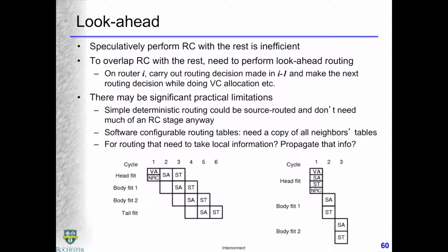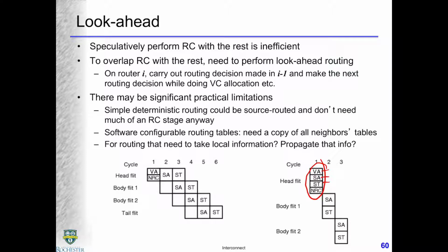Finally, what if I don't want to have a 2-cycle? Well, it turns out you can do everything in 1 cycle. But all these secondary steps that we did, SA, ST, VA, they all depend on route computation, right? So you do the trick of what can be called software pipelining. You pipeline the thing ahead of time.